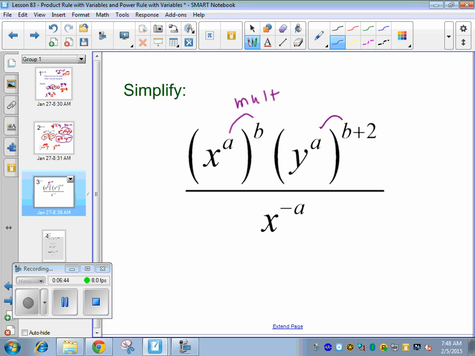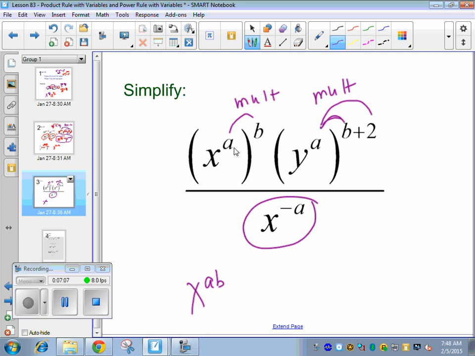And what do we do with these? Multiply. And this is another one where it's going to distribute, and you have that plus sign in there. And this one right here is just going to move to the top. And when it moves to the top, we change the sign of the exponent, right?